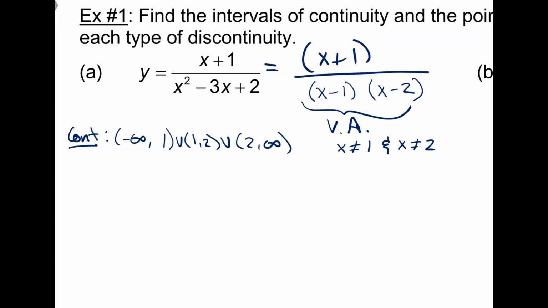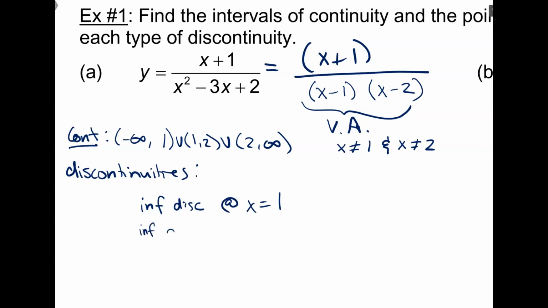So if that's where it's continuous, I know it's going to have discontinuities. I know I'll have an infinite discontinuity at x equals 1, because that's where I have a vertical asymptote.